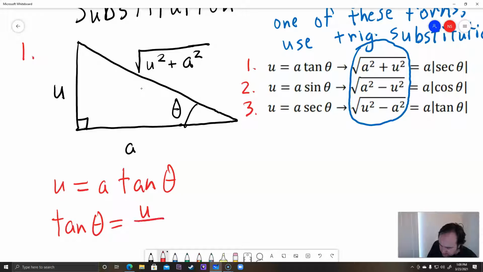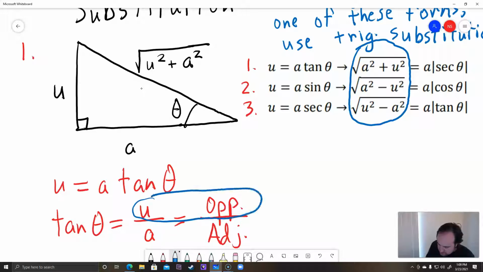If I divide both sides by a, I get tangent of theta equals u over a. And remember that tangent of theta is the same as opposite over adjacent from SOHCAHTOA. So here the opposite is going to be u, and then the adjacent is going to be a.